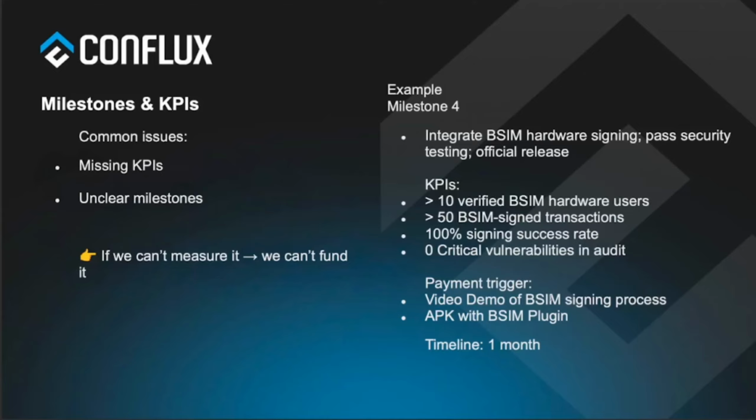Obviously, you can apply for a grant without an MVP or without testing your product on testnet. But to be fair, the minimum requirement to trigger the first payment is to have these two things. And if we can't measure it, we can't fund it. It's that simple.